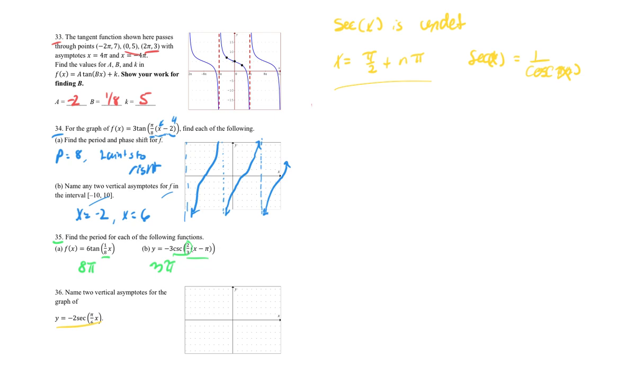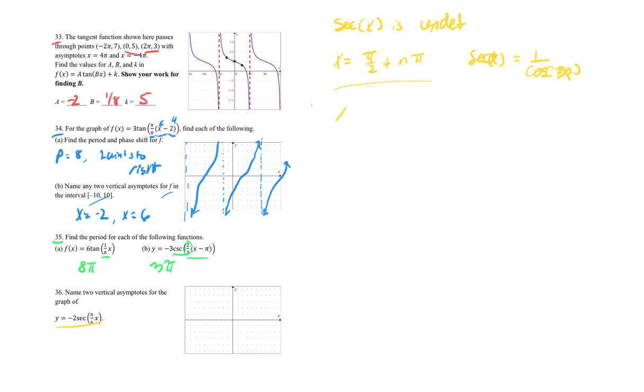So we're trying to name 2 vertical asymptotes of this. So I'm going to say we want secant of pi halves and secant of negative pi halves. So whatever x values gets us there.